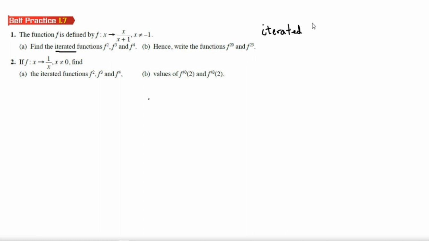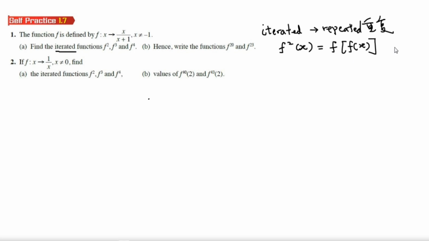Iterated means it's repeat, 重复的 function. For example, f squared x, this composite function repeat itself twice.